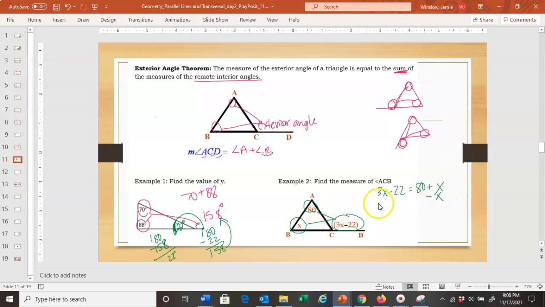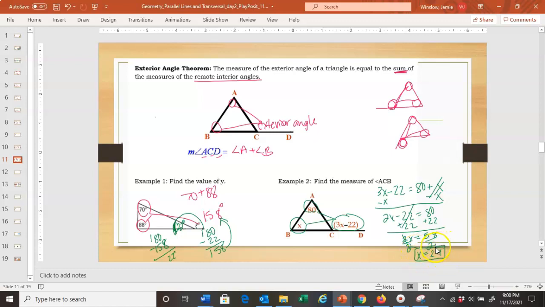I'll subtract x from both sides and add 22. This is 58, and divide by 2. What is this? 29, I think.